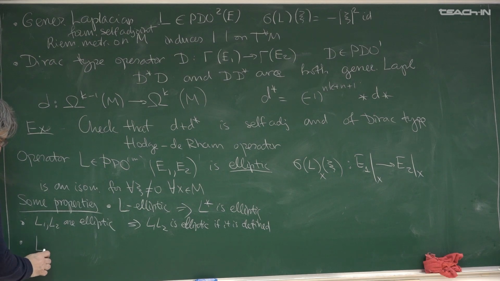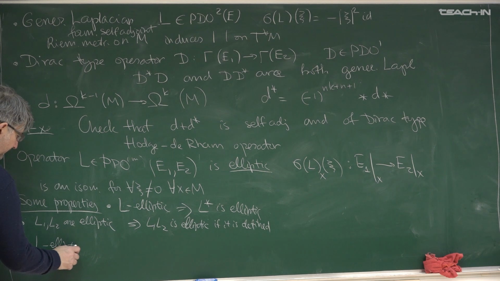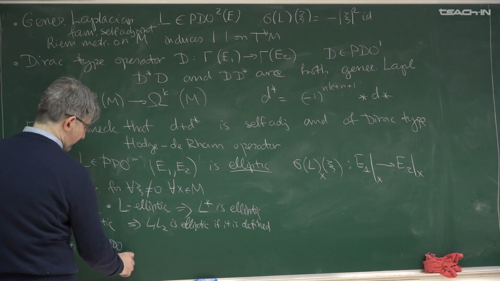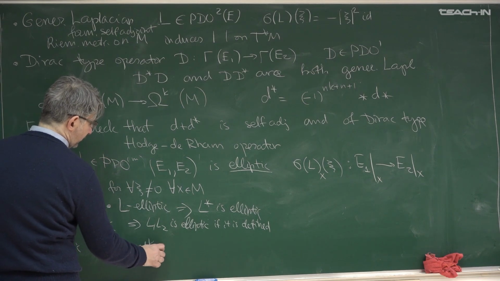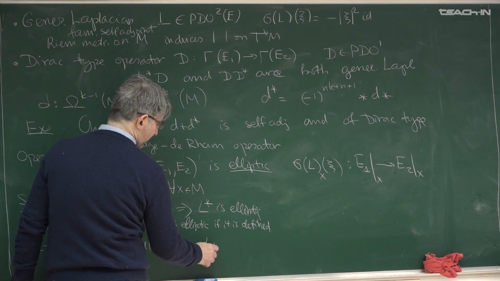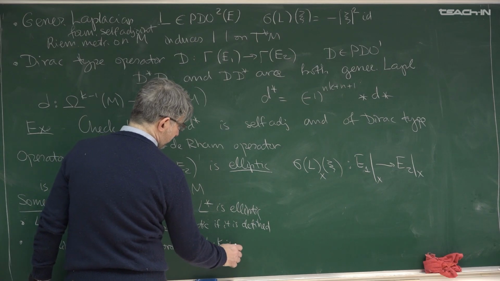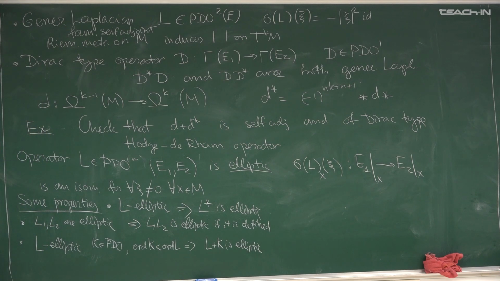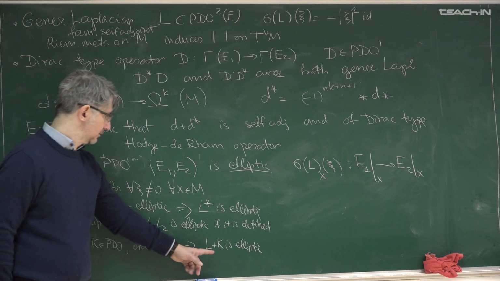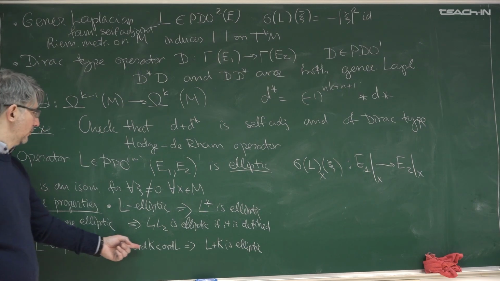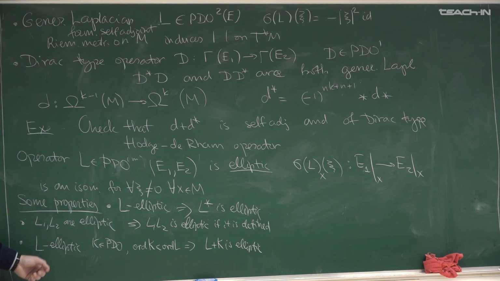Assume that L is elliptic, K is just a partial derivative operator, and the order of K is smaller than the order of L. Then L plus K is elliptic. Why is this true? Because the symbol of this operator is the same as the symbol of this operator, because operators of lower order do not contribute to the symbol.